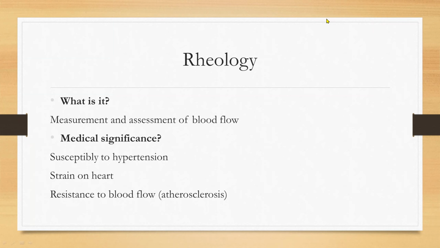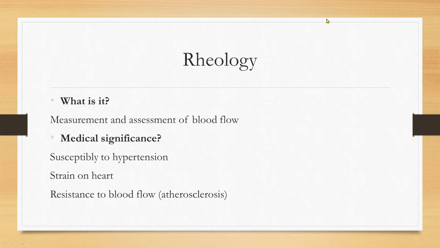First, we understand the word: rheo means flow, and logy means study. So it is the study of blood flow in this case, and it is very important medically to test susceptibility to hypertension, pressure on the heart, and how much the heart has to work. It will come in the following slides that we also have to calculate the work done by the heart.